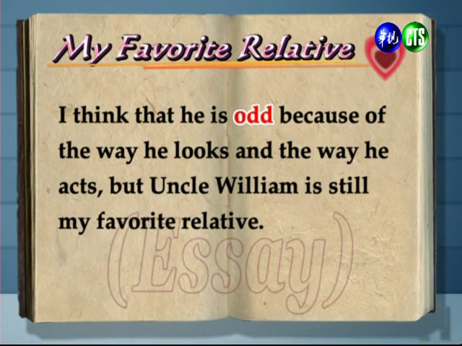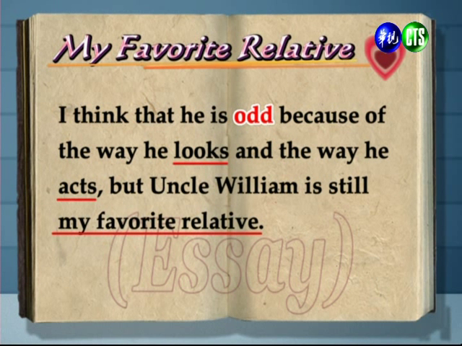Now let's review the thesis statement that we wrote earlier. It says, I think that he is odd because of the way he looks and the way he acts, but Uncle William is still my favorite relative. And so, therefore, we're going to have 3 body paragraphs on the following topics.